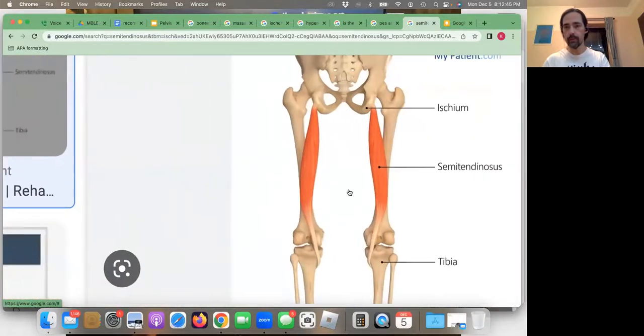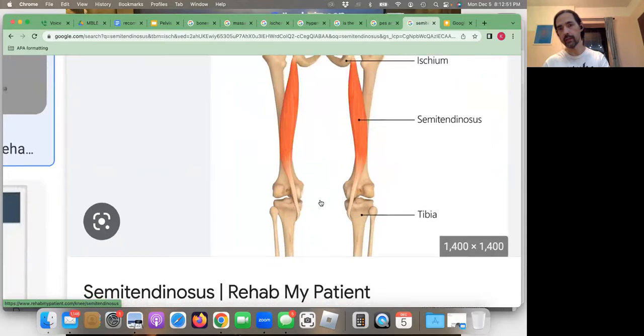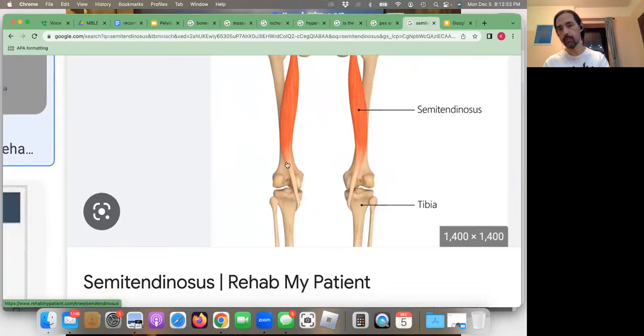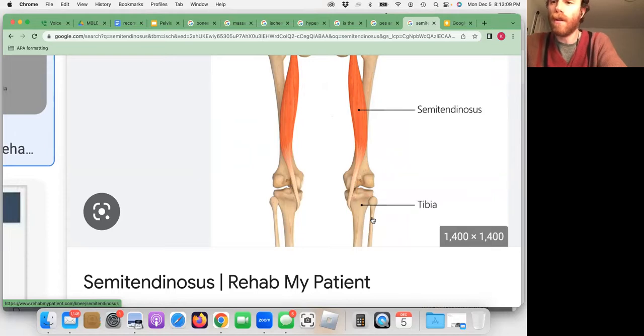So is this the posterior or the anterior aspect of the body? A 50-50 shot. Oh, I'm sorry, posterior? That's correct.